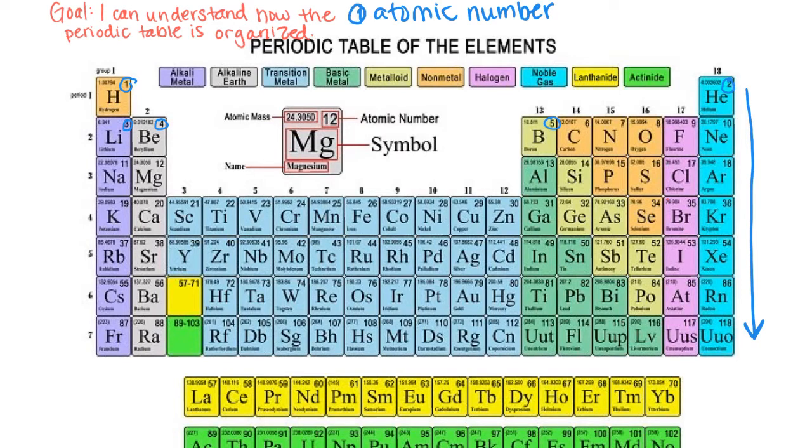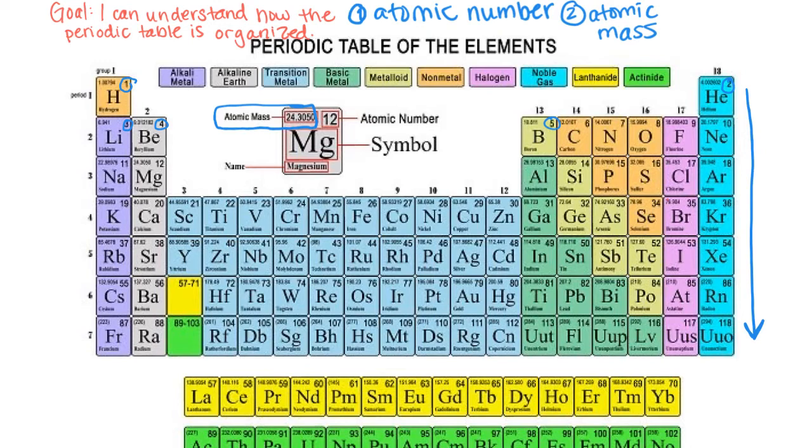Another way that the elements are organized on the periodic table is through the atomic mass. So you have the atomic number and you have the atomic mass. The atomic mass, if you see here, and I know it's hard to see on these smaller ones, is the atomic mass of magnesium. The atomic mass is the protons, neutrons, and electrons of each atom added together to make what the mass is. So this is the mass of each atom of magnesium.